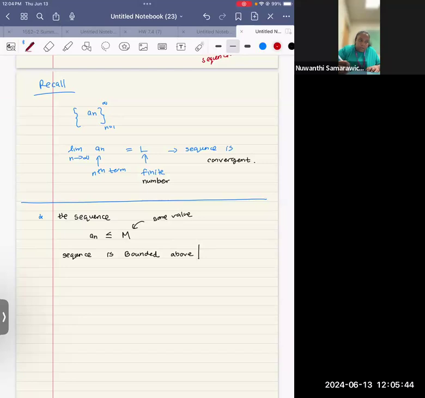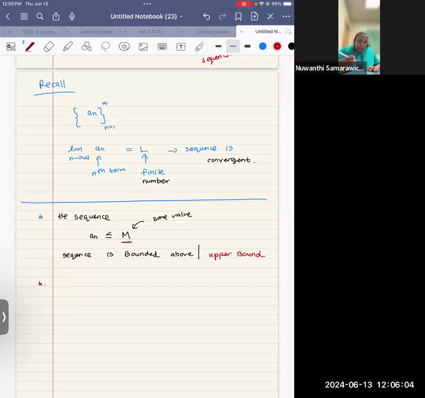Or also we say it has an upper bound. If the n term is less than or equal to some value, then the sequence is bounded above.